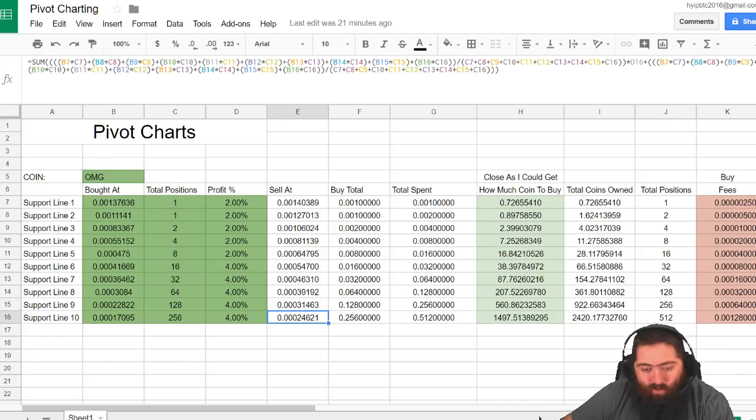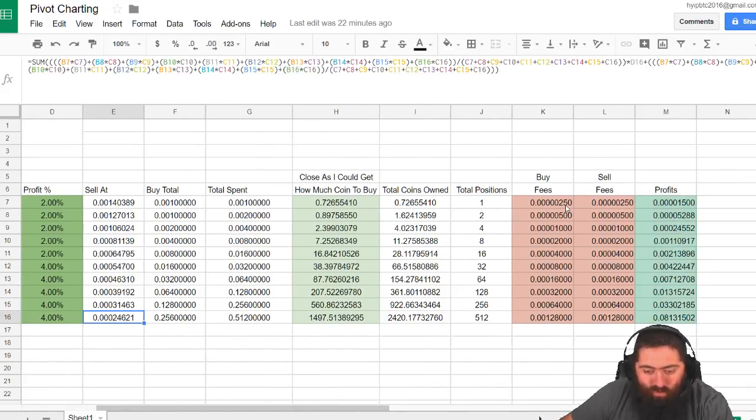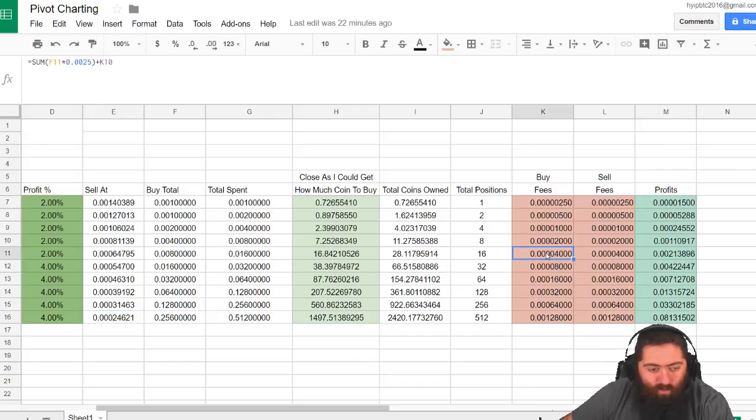Following the chart, I have not lost on a sell as long as I follow my plan. As soon as I deviate from my plan... Commissions is actually simple. F11 times 0.25% plus K10, so I'm adding the one up above it.